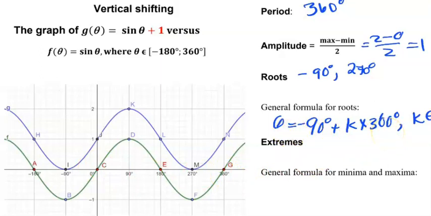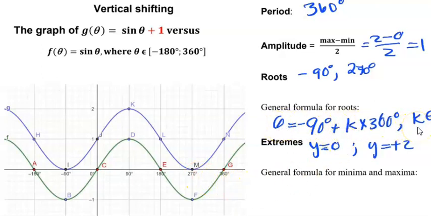So our extremes in this case, we already know it is y equal to 0 for the minimum and y equal to plus 2 for the maximum. So in general, our formula for the minima and maxima will be like this. The minima will be exactly the same as the root.